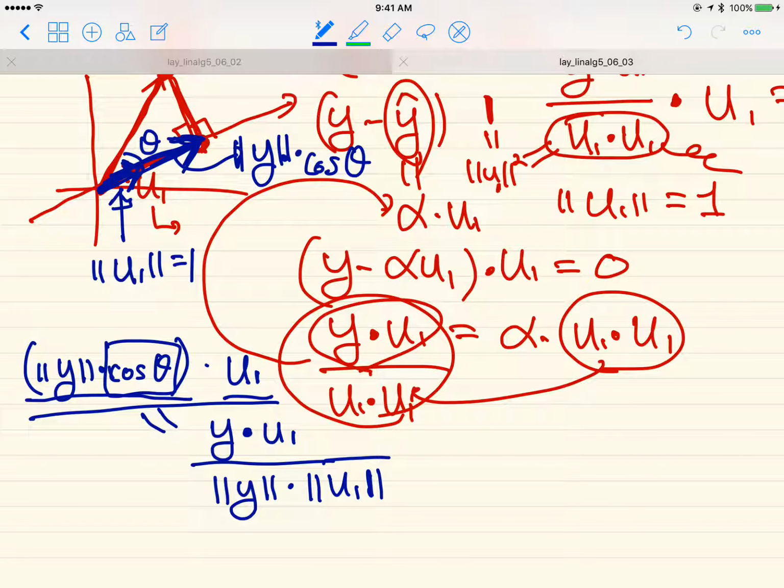Okay, then now let's also change this u1, because u1 was assumed to have unit length. But let's change it to a vector whose length is not 1. How can we make this vector have length 1? We can simply change it to this expression, so that even though the length of the vector is not 1, we can easily change it to a vector of length 1.